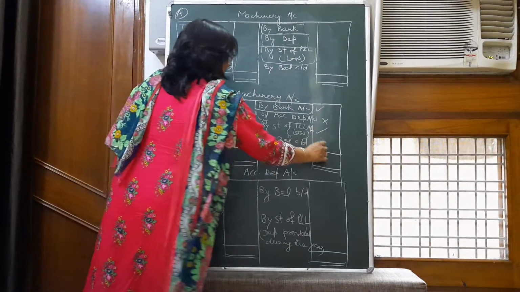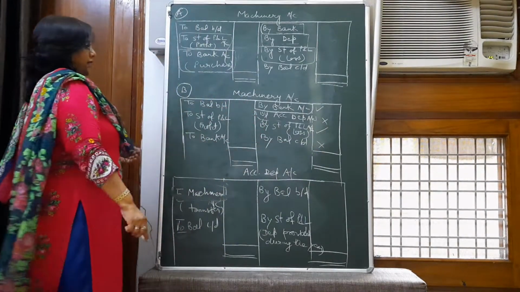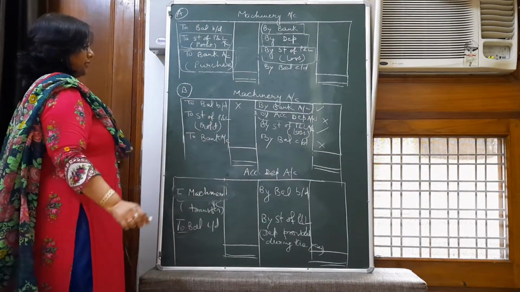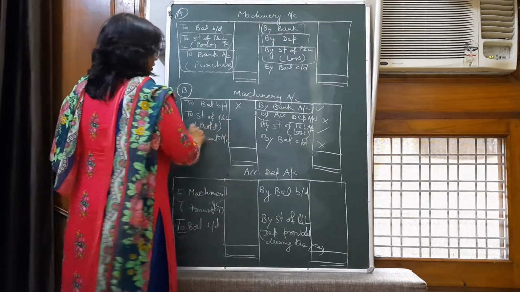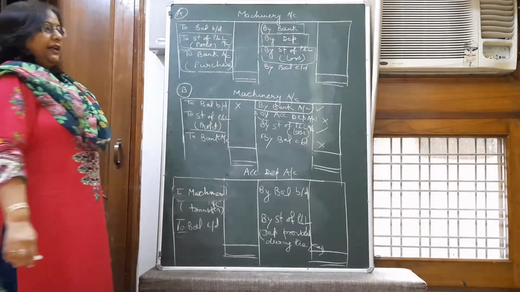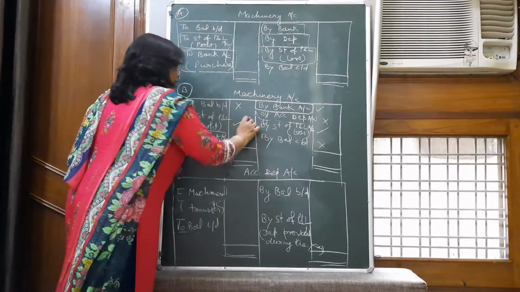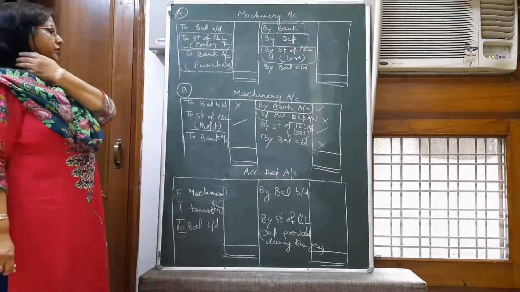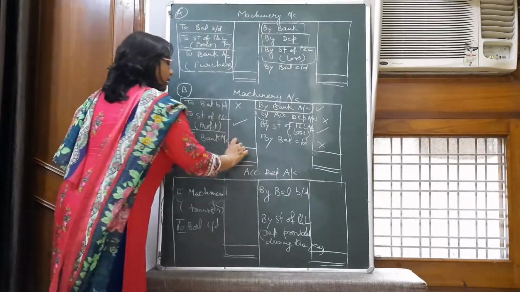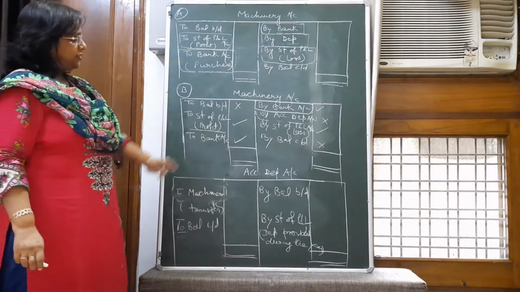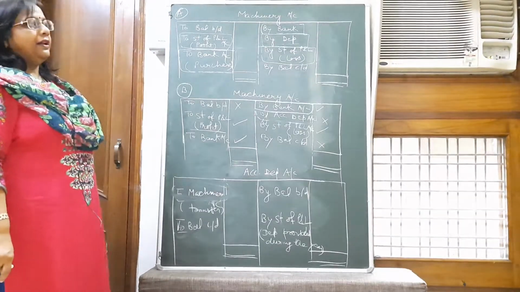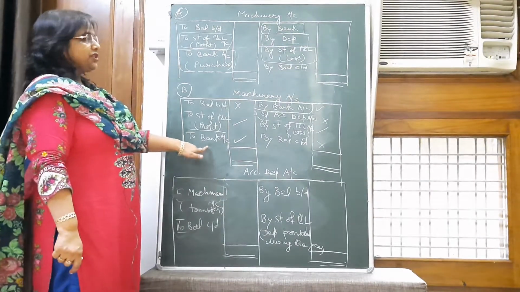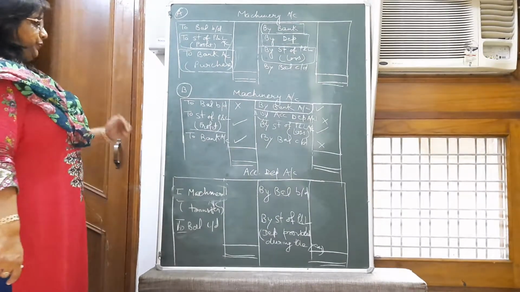By balance CD is not to be shown anywhere in cash flow statement. To balance BD is not to be shown anywhere in the cash flow statement. Profit on sale, that will be subtracted in the process of calculating operating profit before working capital changes. And if there has been any balancing figure in the debit side, that is purchase of machinery, it will be shown as an investing activity as an outflow.